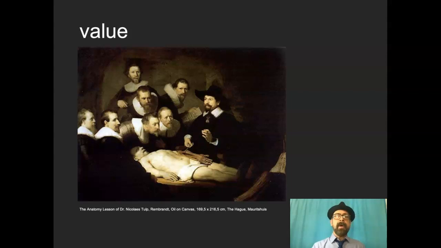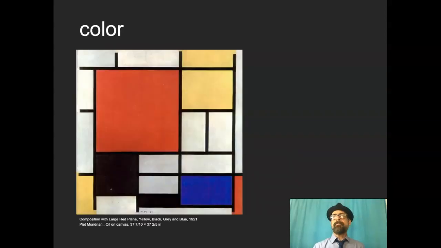Okay. Color. This is the darling of the elements, right? Everybody loves good color. And color is essentially derived from light, right? It's got three properties. It's got hue, saturation, and value, right? Remember, you can't have anything without value.